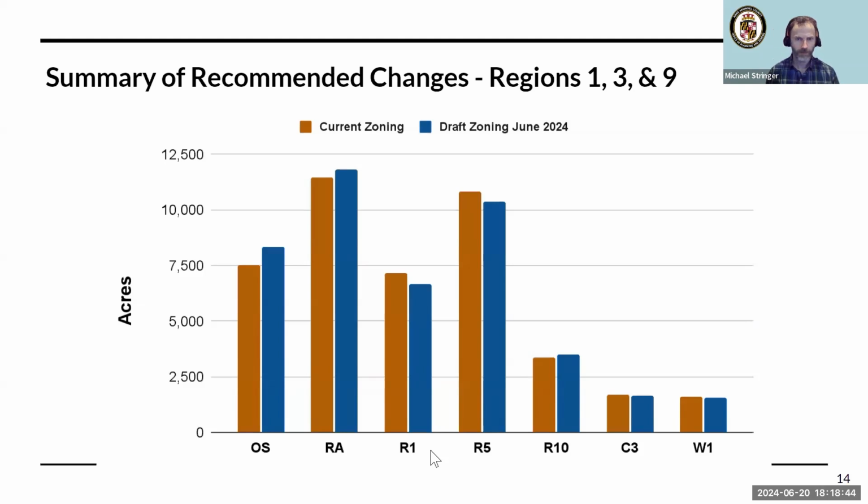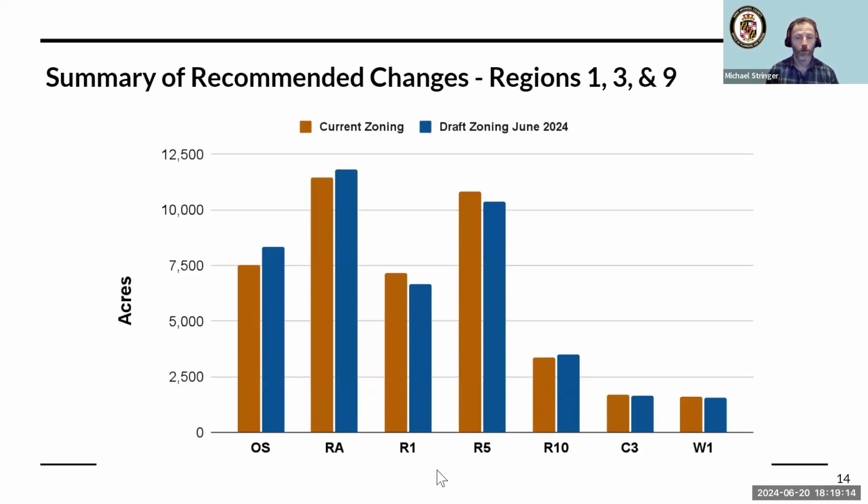As you can see, the brown bars on the left are the current acres in the current zoning, and the blue bars to the right are the draft zoning. So you can see there's not significant change overall. The OS zoning district increases by about 800 acres, because we're taking a lot of the public parks, and if they're not currently zoned OS, we're making them OS, unless there's some technical reason not to.